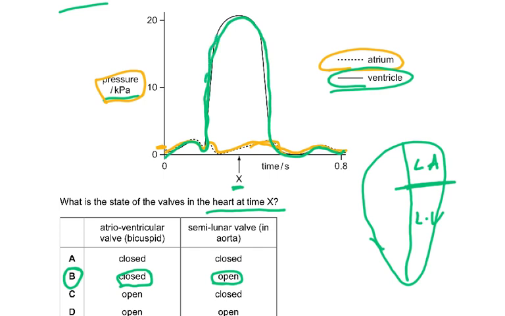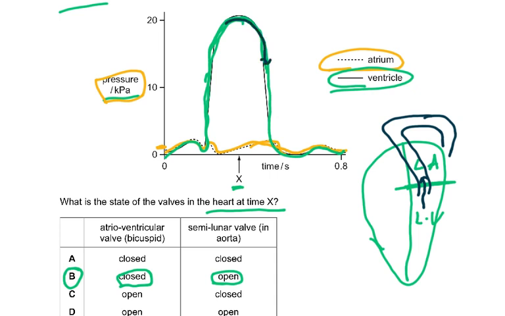The left ventricle wall is exerting pressure, and the blood is flowing into the aorta. So the ventricle is emptying. That is why the pressure has started to fall.